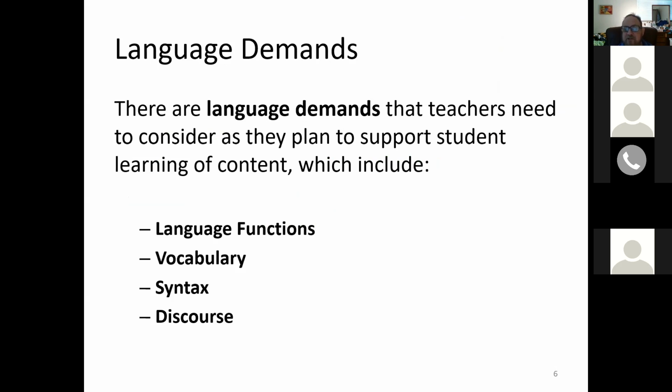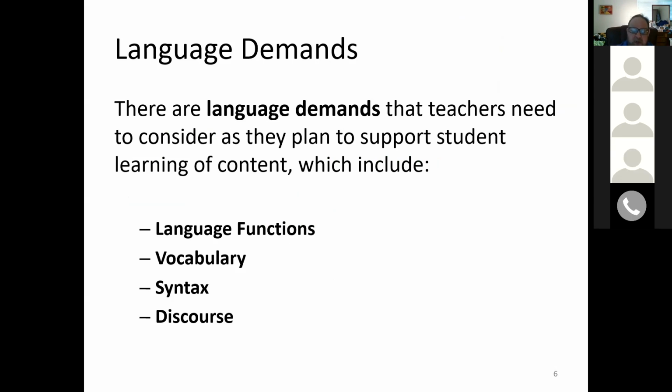There are language demands that teachers need to consider as they plan to support student learning of content, which include language functions, vocabulary, syntax, and discourse.